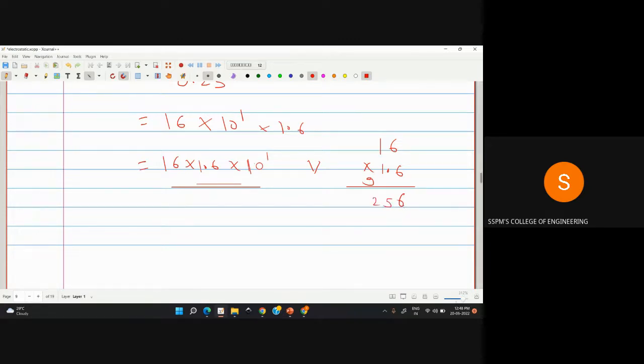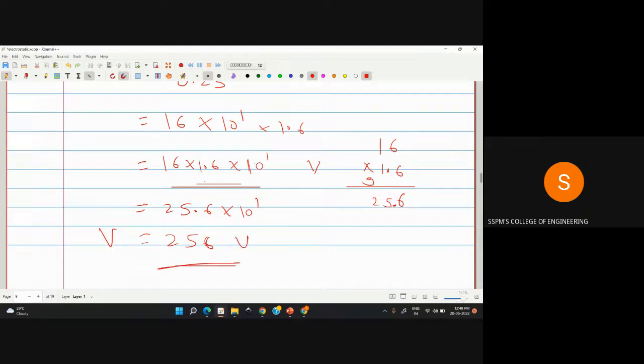Isn't it? And it will be 225.6, which is equal to 25.6 into 10 to the power 1. So voltage is 256 volt.